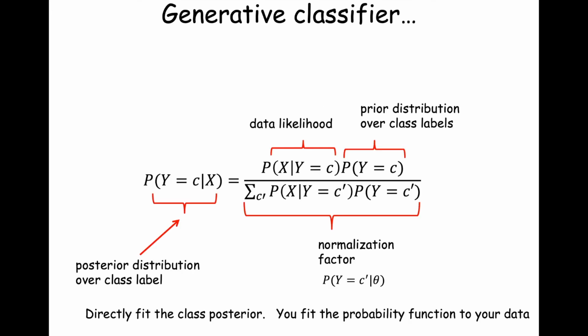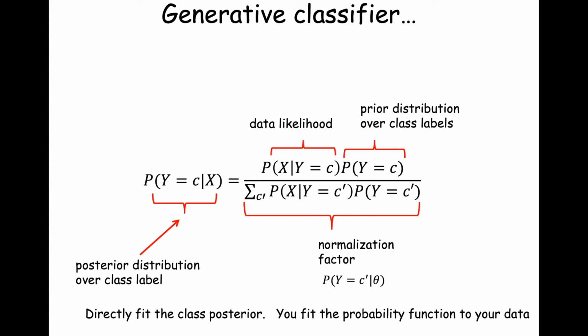Generative classifiers. When we last met, we talked about generative classifiers as using or mimicking or modeling the probability that generates the label-instance pairs, that is, the feature vectors along with their respective class labels.